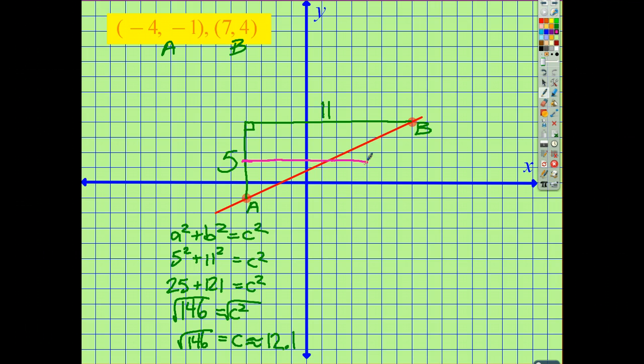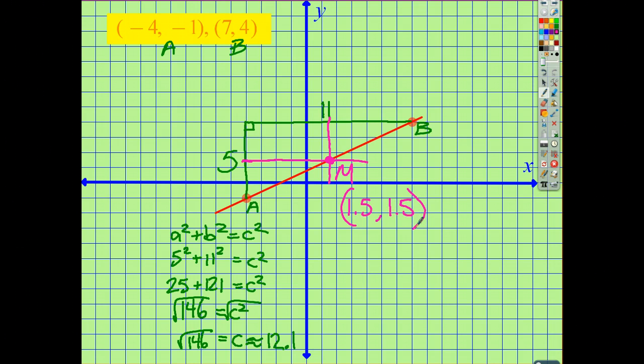Then I look at this as 11, so halfway between these, half of that is 5.5. So let's go 1, 2, 3, 4, 5.5. Coming down there, this is my midpoint. That midpoint looks like it's at 1.5, so we'll call it 1.5, comma 1.5.